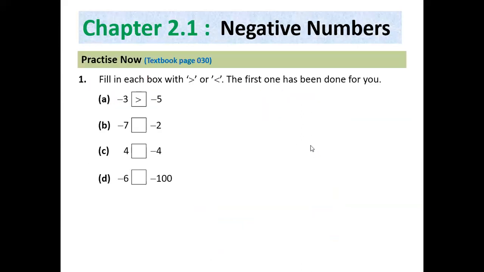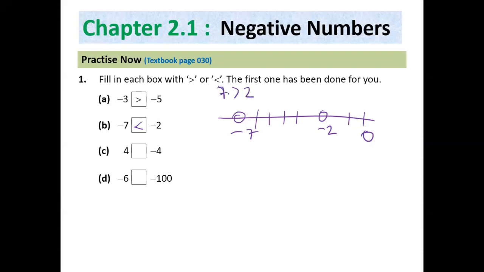Now, fill this. Negative 7 and negative 2. So you have to put on the number line. Where is the negative 7 located? It's on the left side of negative 2, right? Because this is 0, 1, 2, 3, 4, 5, 6, 7, right? So which one is the smaller? Negative 7 or negative 2? Negative 7 is smaller. No, 7 is bigger than 2.